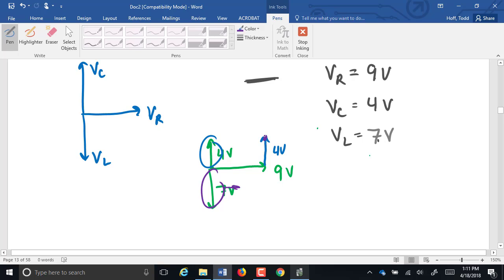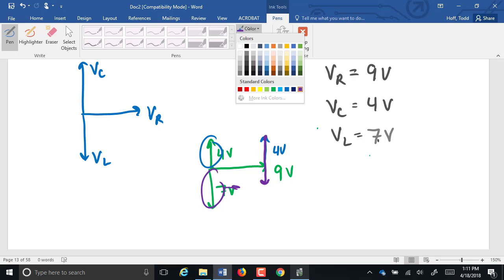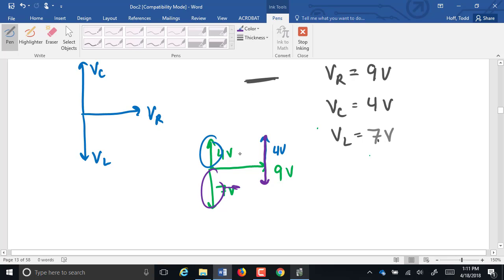So 7 volts has got to start here going down. So what we're working with is this triangle. We ended up right there. To find that amount, what's this horizontal component there? 9. What's this vertical component? -3.